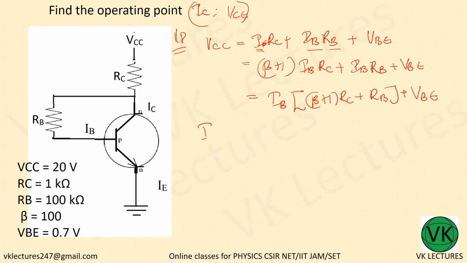And what about IB? IB is equal to VCC minus VBE divided by beta plus 1 into RC plus RB.